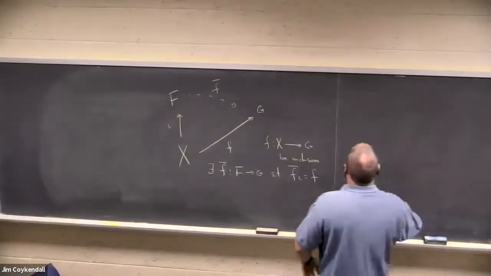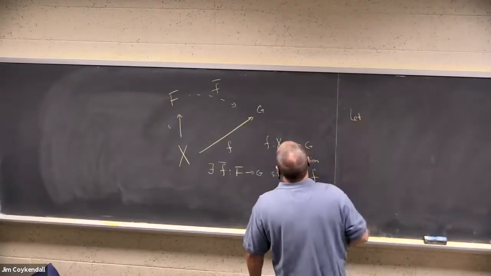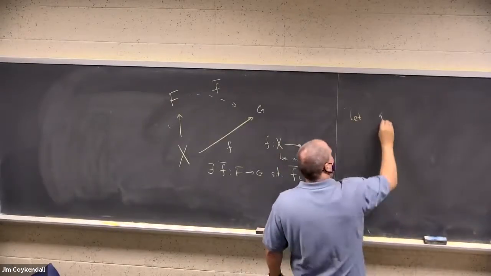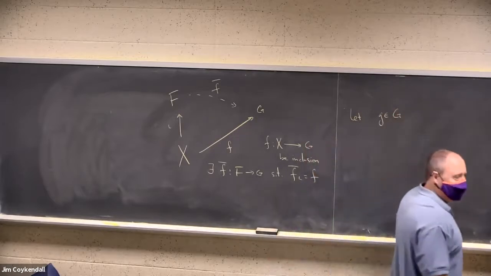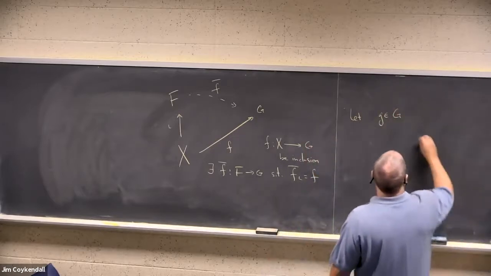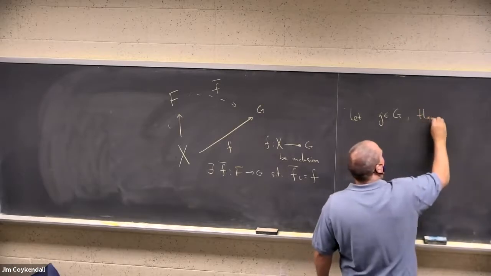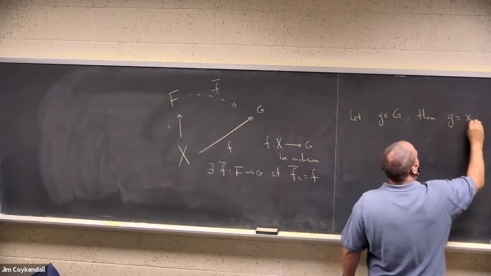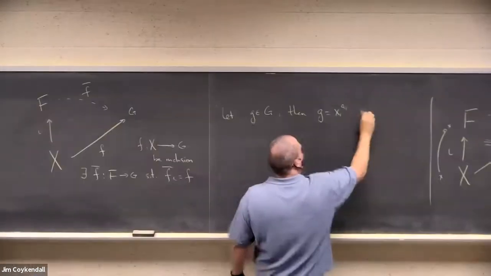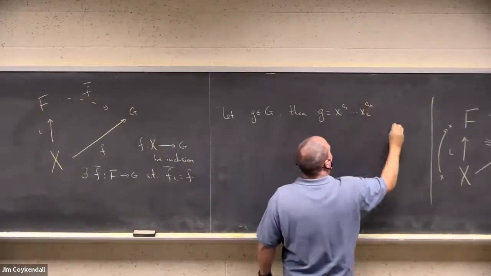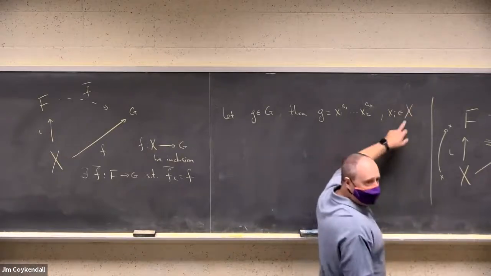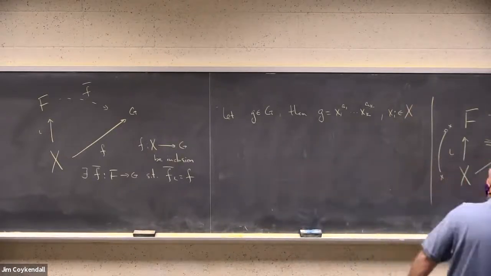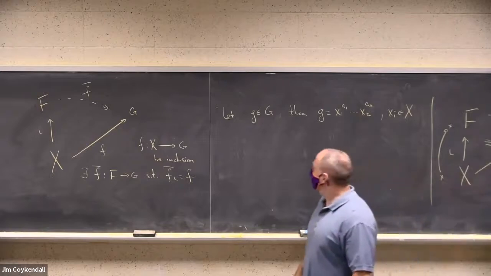So now, let G be G, then when x_i, because X is a generating set of G, and the a_i are integers.